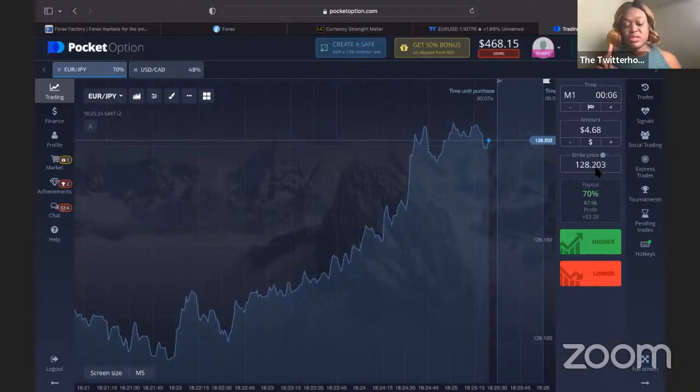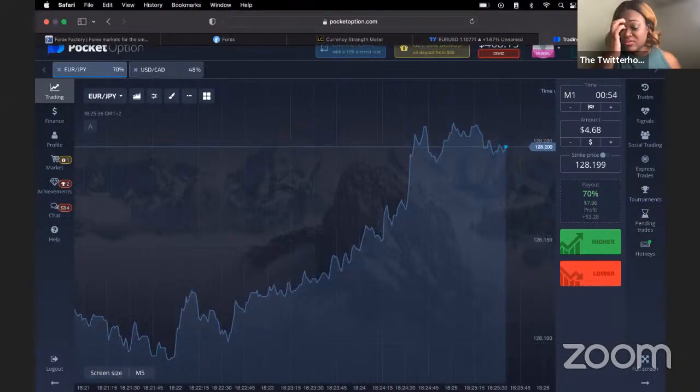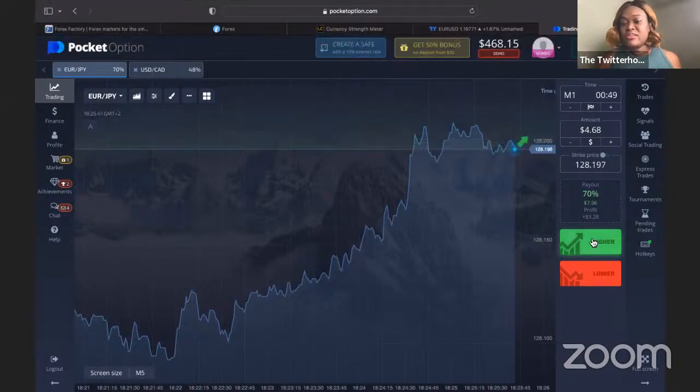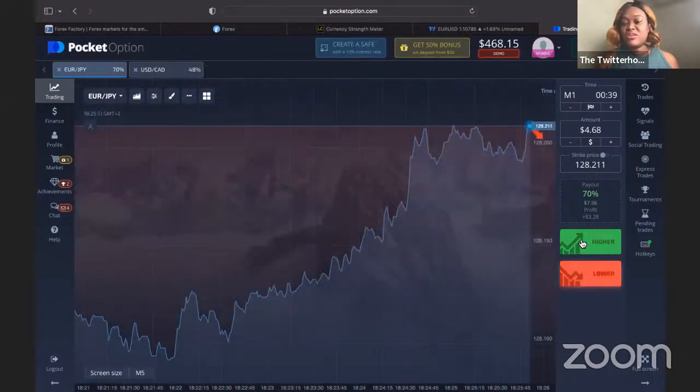So it's going to be currency pair, time, strike price, and whether it's a buy or sell, call or put. So if it's a call or a buy, we're going to look to go higher, right? If we're buying, we want price to go up. If it's a sell or put, we're looking for price to go down. So it just says higher or lower.